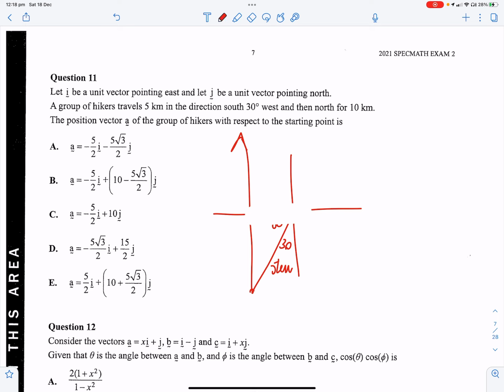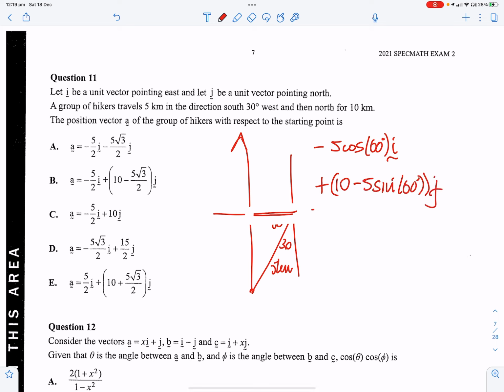So that length there is 5 cos of 60 in the negative i direction. And then we've got a plus 10 minus 5 sine of 60 in the j direction.